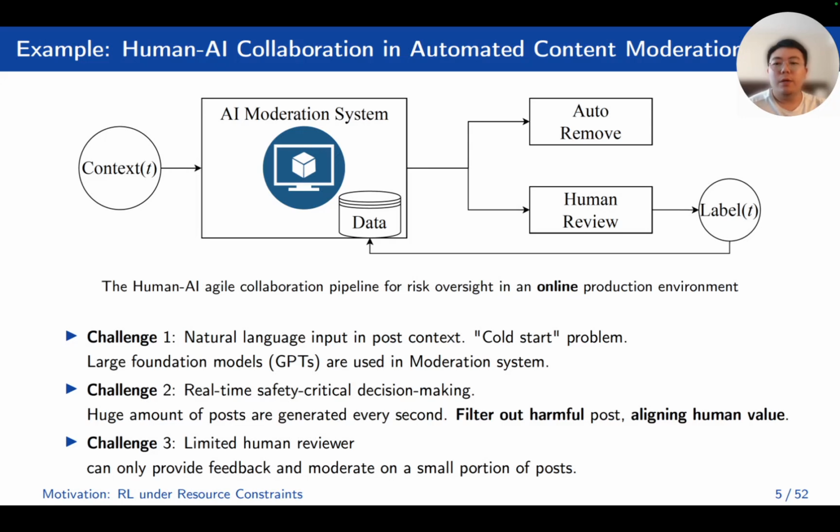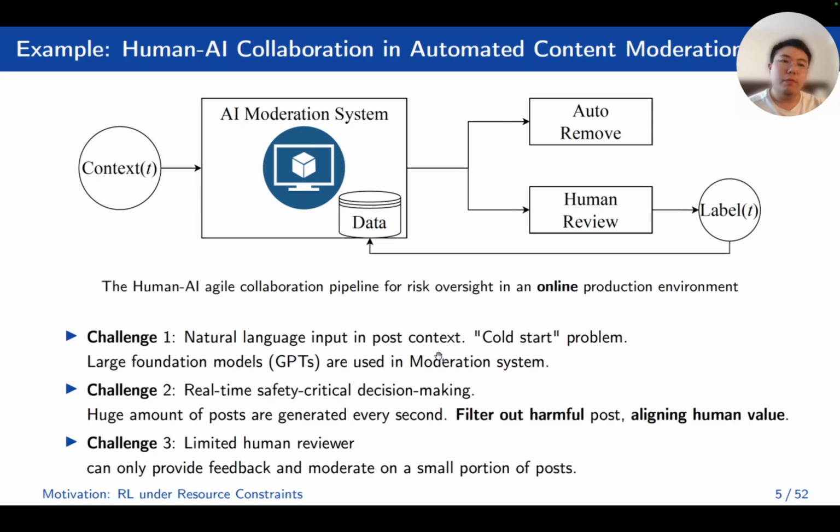The problem here is that, first, the context, or the post, comes as unstructured input, for example, natural language. And every second there is a huge amount of posts, but human reviewers are very limited compared to the number of posts.